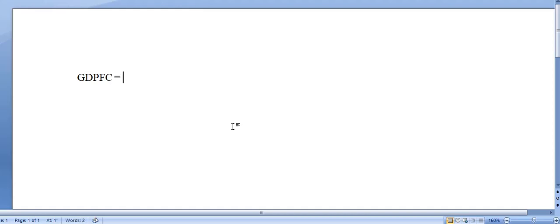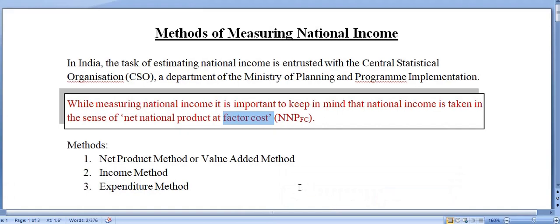How to find GDPFC? To find GDPFC, we have to get NIT, that is net indirect tax. I shouldn't have started with the formula, but still, GDPFC. But what we want is national income, isn't it?